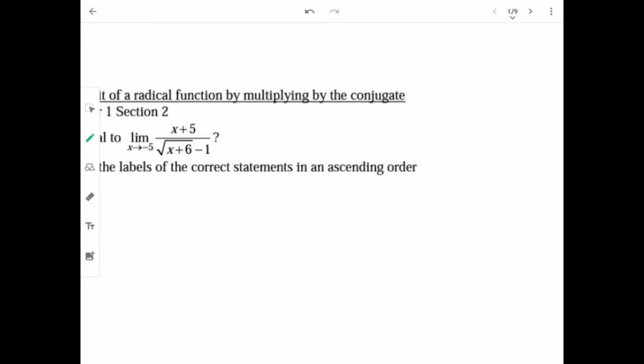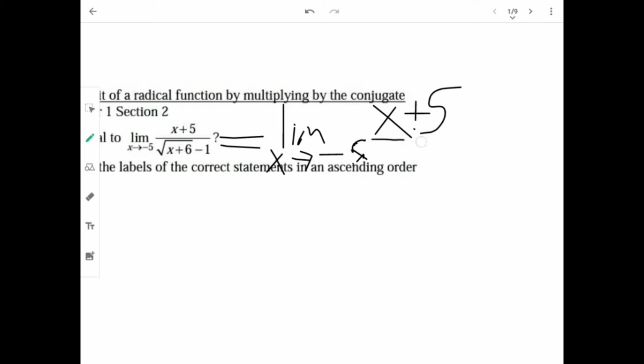Okay, so for question 3, again you cannot substitute because it ends up being dividing by 0, so you have to simplify somehow. So this is equal to limit as x approaches minus 5 of x plus 5 over root x plus 6 minus 1.